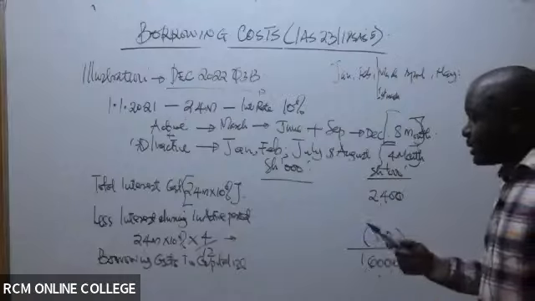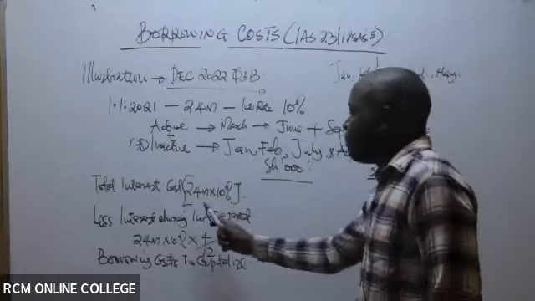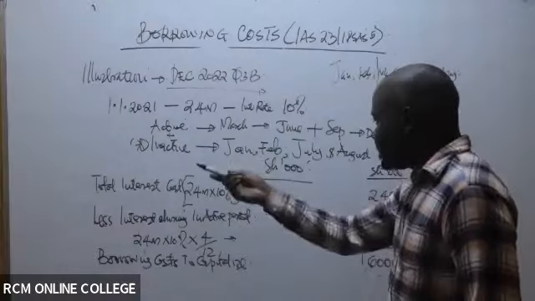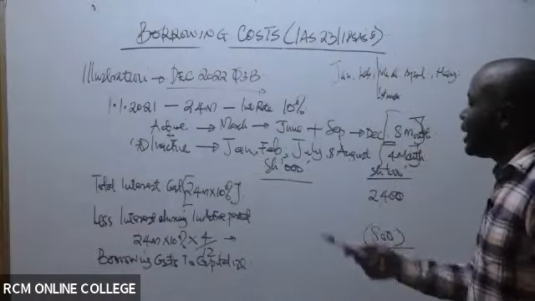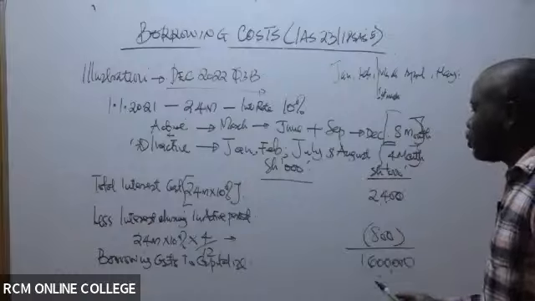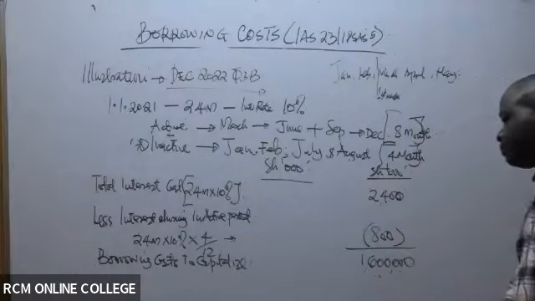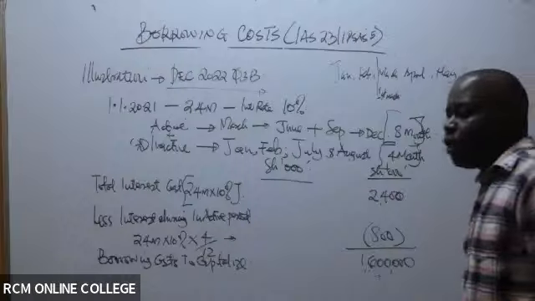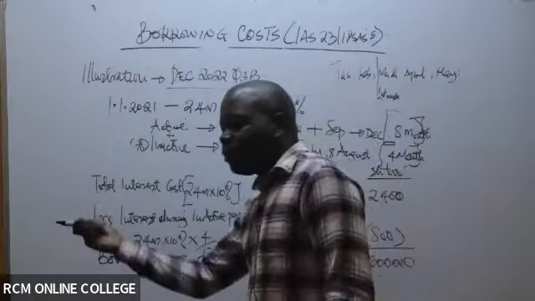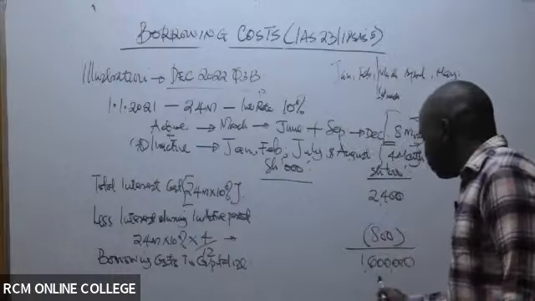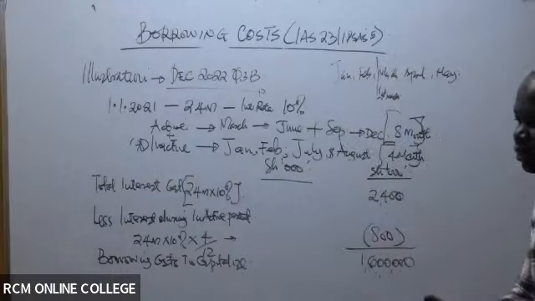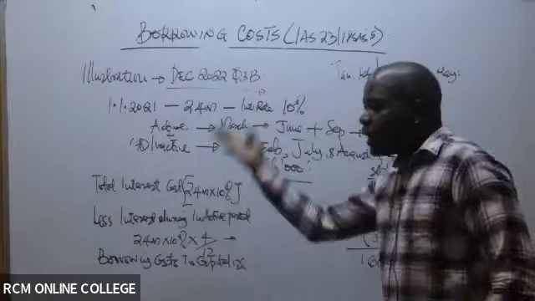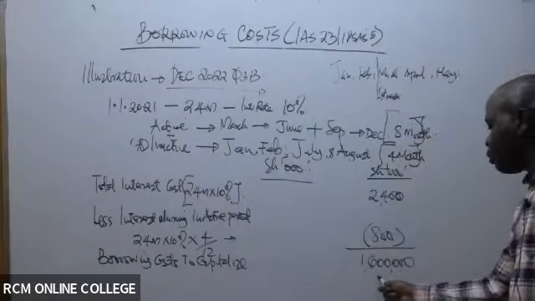If there's any interest earned on these monies that were borrowed, which some were invested, you deduct it here. It reduces this borrowing cost. So you can see it is a benefit. You borrowed money but invested elsewhere, and it was returned to you, so the borrowing cost will be less because you were smart.